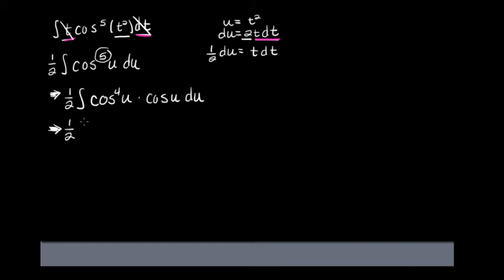So 1/2, I split my cosine, now I have an even number I can work with. That is the same thing as using its opposite, 1 minus sine squared u, squared. Squared to squared makes my 4. Don't forget our remaining cosine and du.